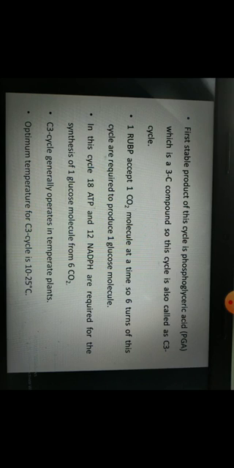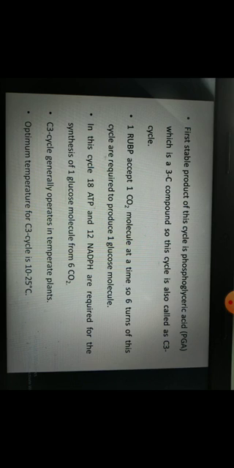This 3-phosphoglyceric acid is a C3 compound, a carbon 3 compound, meaning it contains 3 carbons in its structure. That is why it is also known as C3 cycle. Here one RuBP, that means ribulose 1,5-bisphosphate, I will tell you this later on, one RuBP molecule accepts one carbon dioxide molecule at a time.